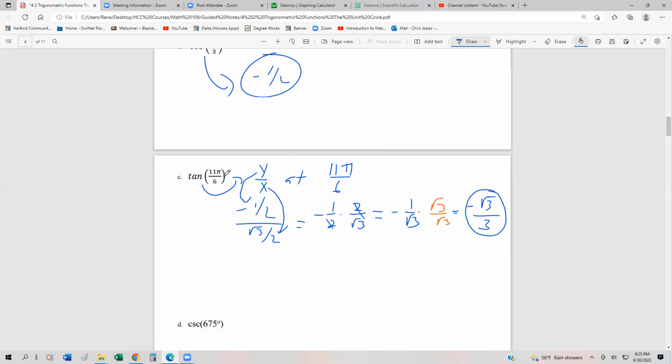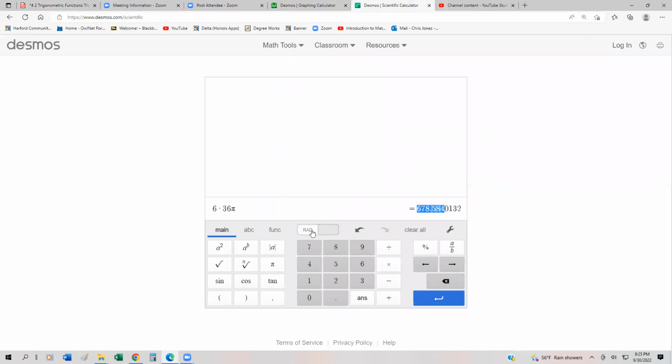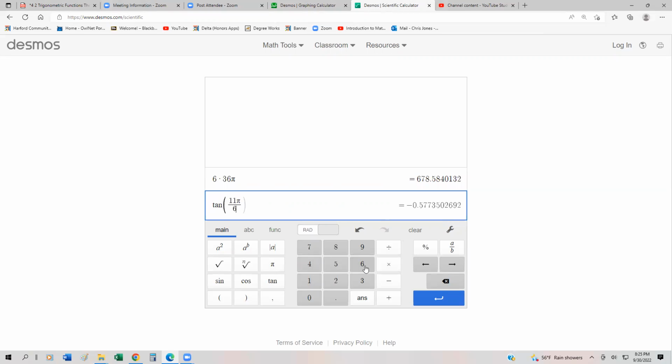Right, now you should certainly go in your calculator and check your answer. Okay, and in fact, let's do that really quickly. So if we go in our scientific calculator, first of all, we want to make sure we're in radian mode. Okay, and I'm going to say tangent of 11 pi over 6. Right? And if I do that, I get this number, -0.57735. Okay, so that's nice.